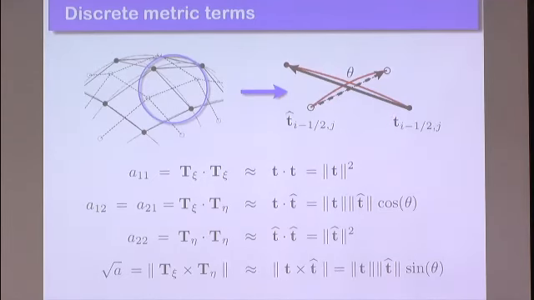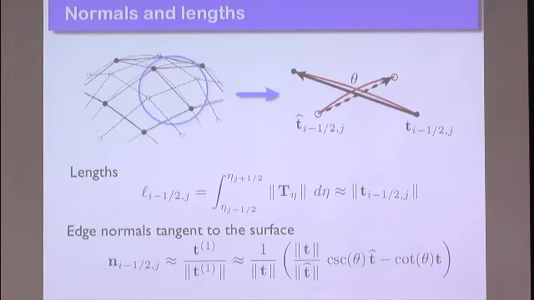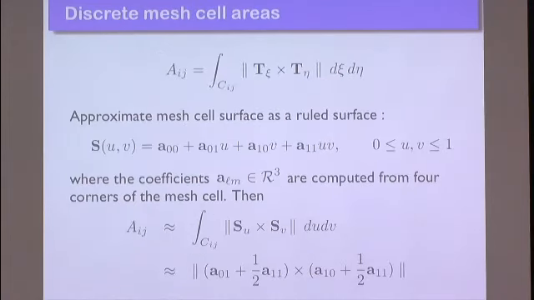And all these quantities can be computed that way. We don't necessarily do it this way, but the area, for example, is simply some way of computing this thing. In our case, lengths are approximated by lengths of these vectors, and normals are approximated like this, again calculated using discrete values here.